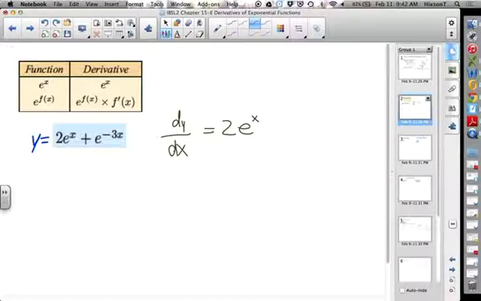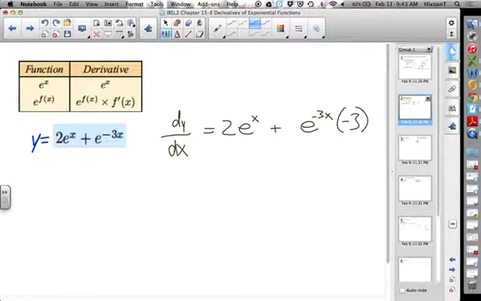Now, we have plus the derivative of e to the negative 3x. At first you take the derivative of e to a power, which is just e to that same power. But now here comes the chain rule. We multiply that by the derivative of negative 3x. So what is the derivative of negative 3x?